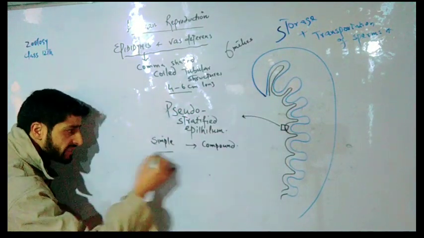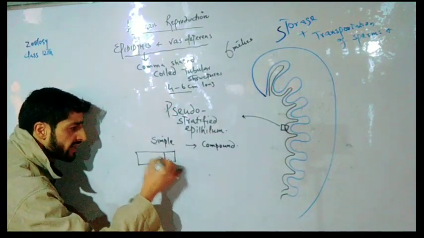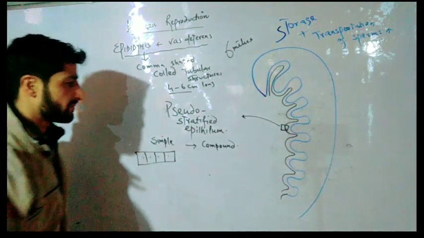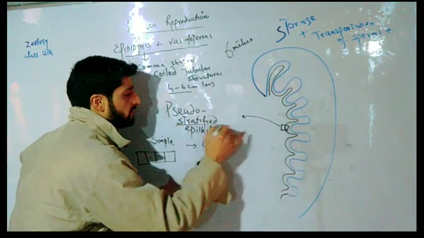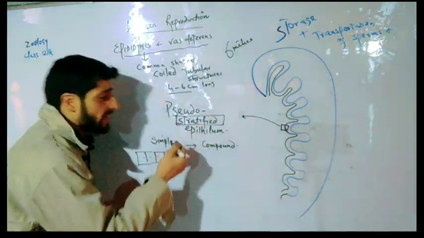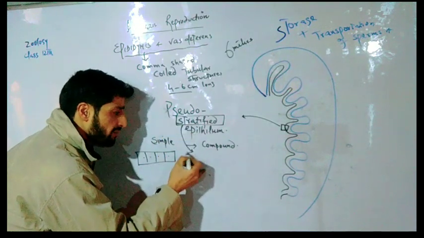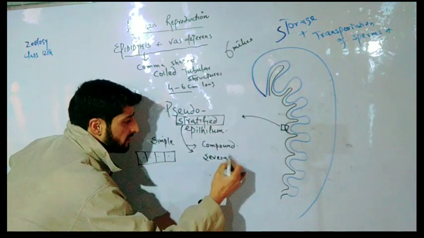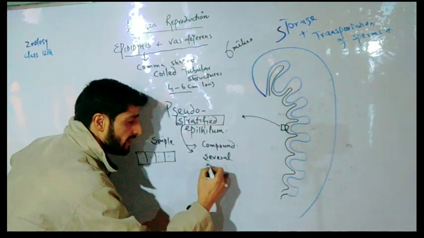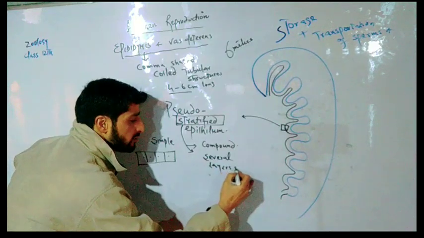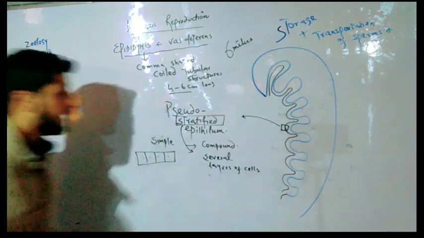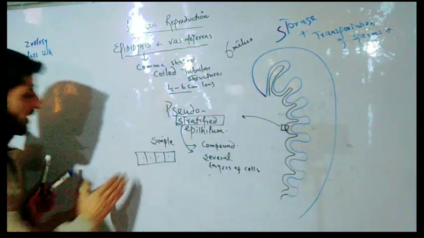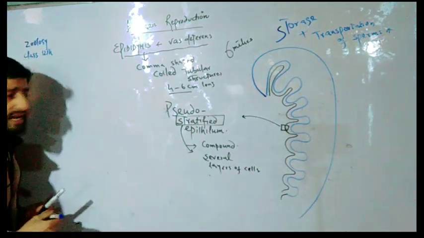Your teacher tells you that simple epithelium is made of just one layer of cells, and compound epithelium contains multiple layers of cells, that is called stratified epithelium. Stratified or compound epithelium means tissue or membrane made of several layers of cells. But here, the wall of epididymis is made of pseudostratified epithelium.